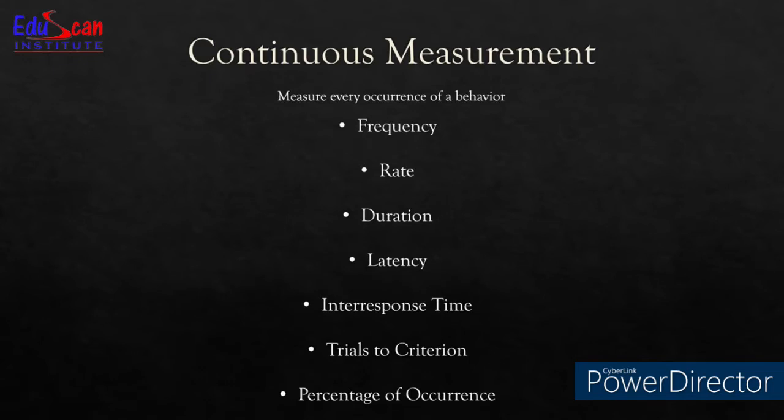Frequency, rate, duration, latency, inter-response time, trials to criterion, and percentage of occurrence are very important to understand. The important thing to remember about continuous measurement is that you're measuring every occurrence of behavior.